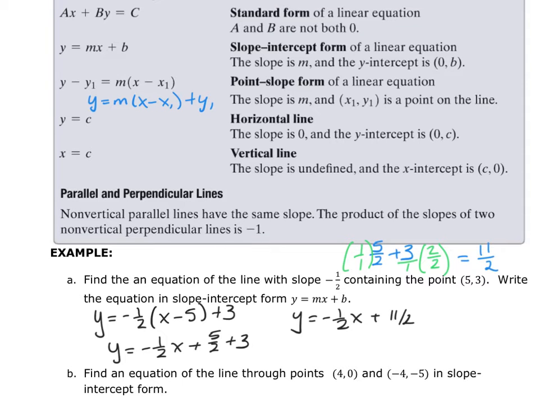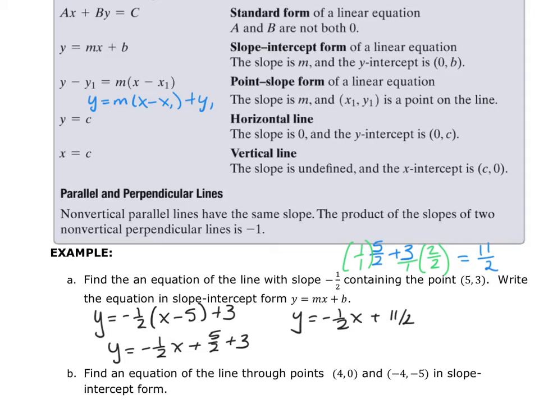In WeBWorK, you will need to use either the fractional form or the decimal equivalent. Do not write this as a mixed number. Now, if you were asked to graph this, it would make more sense to write this as a mixed number or as the decimal equivalent. 11 halves, more than 5, less than 6.